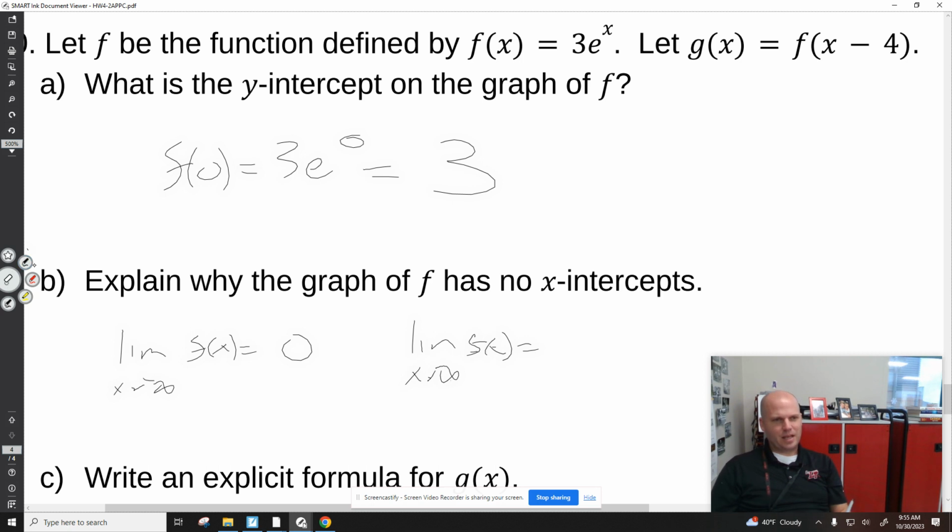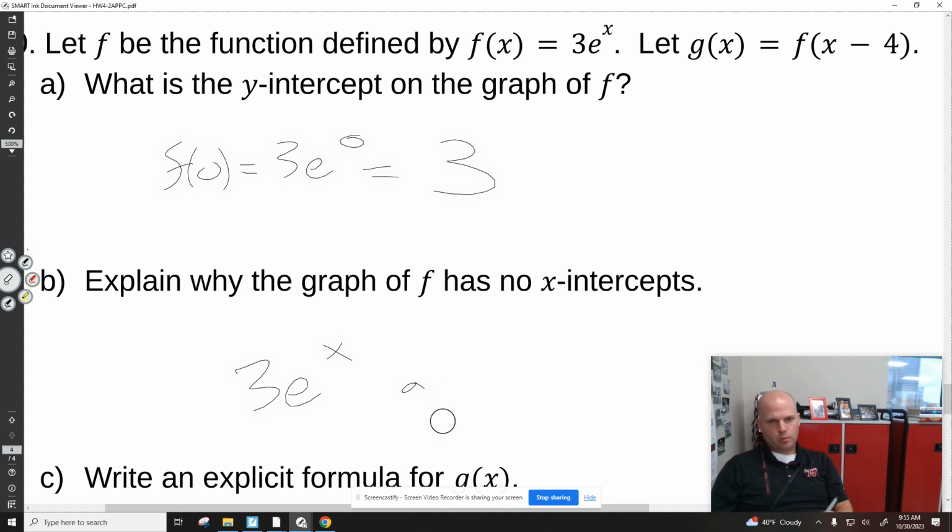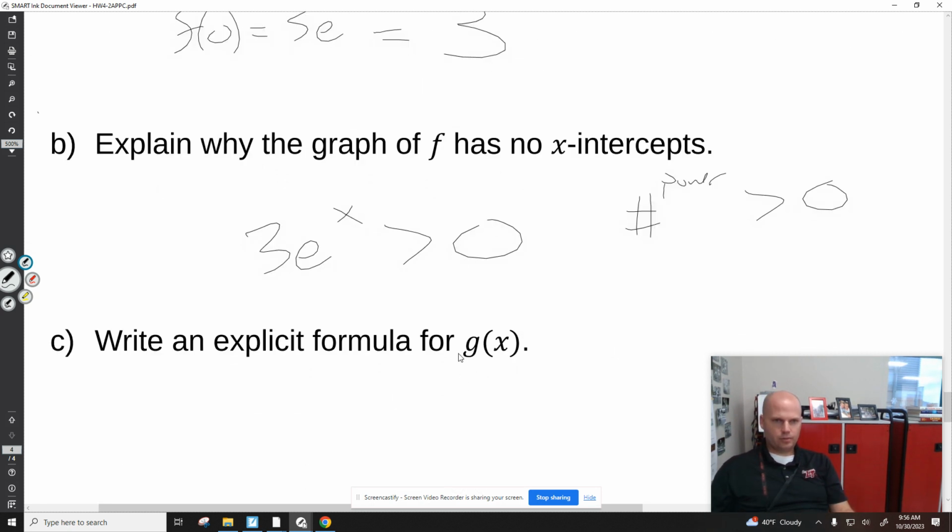That's probably not the best explanation, looking at the end behavior, because end behavior doesn't explain what goes on in between. So I don't love this. 3 times e to the x is always positive, is probably what I'm going to just say. Like, a number to any power is always positive. It approaches 0, but it never equals 0.